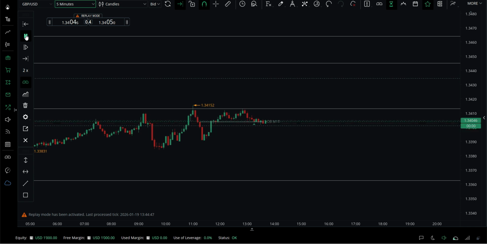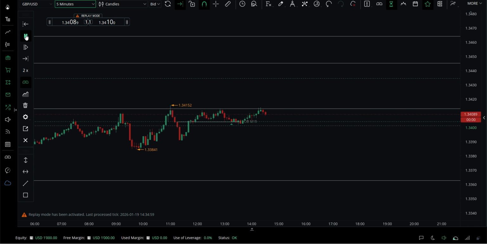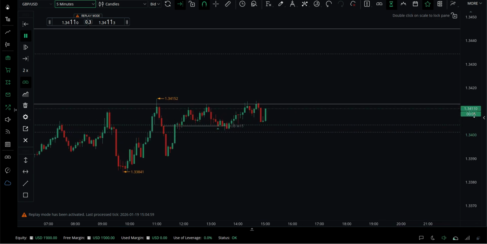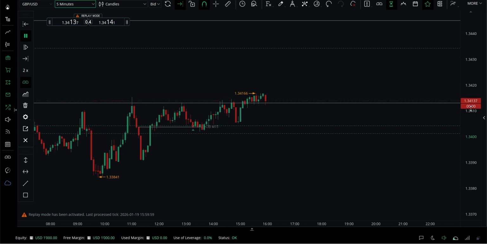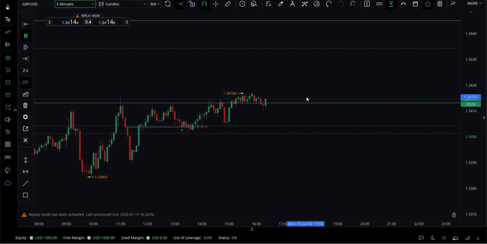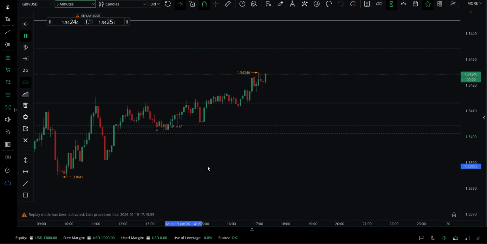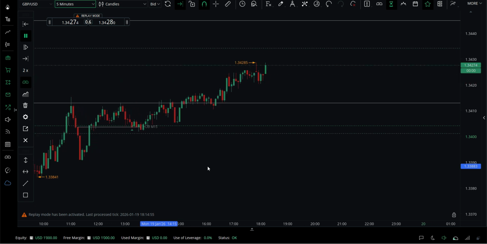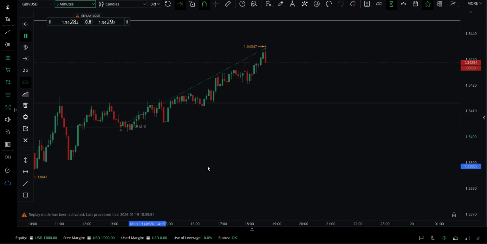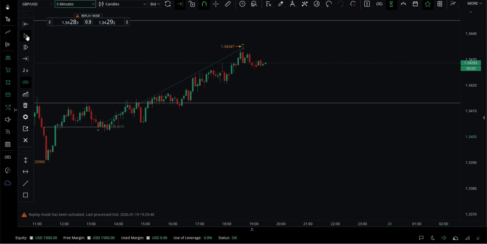We've been triggered. Climbing higher, and boom, a target has been reached, and that was 30 pips on Monday.